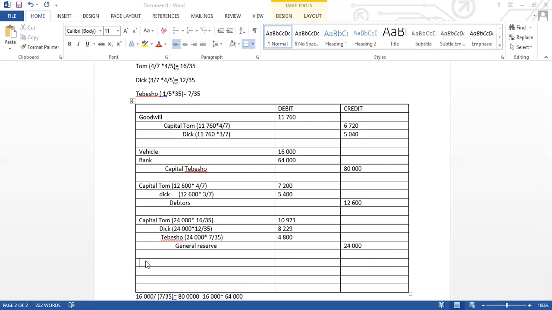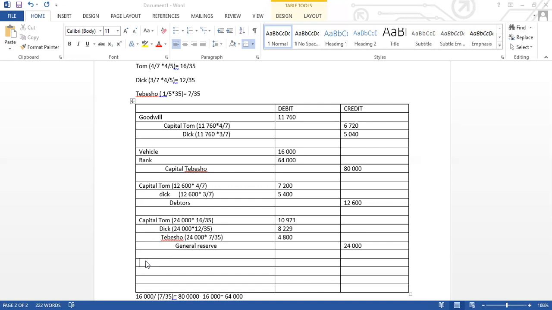So goodwill in this case, we are told that goodwill will not appear in the books of the new partnership. Meaning, if goodwill will not appear in the books of the new partnership, it needs to be distributed. Are we together? Yes. Okay.